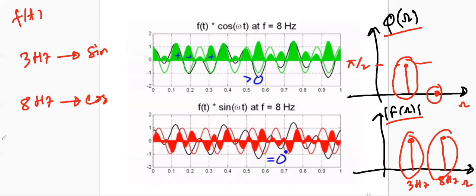And then we can write properly that, okay, f(t) is equal to sin(omega t) plus cos(omega t). I can write here 3 and here 8, just to mention that this is 8 hertz and 3 hertz.